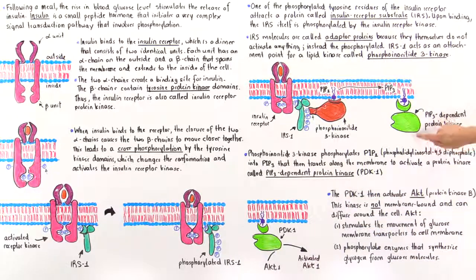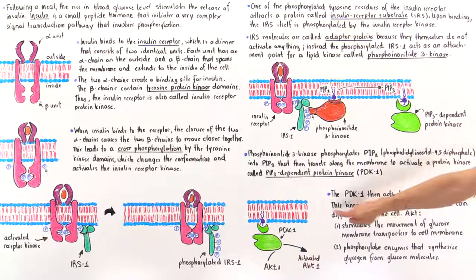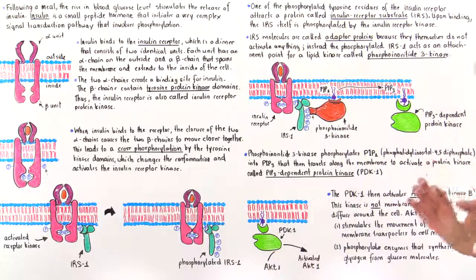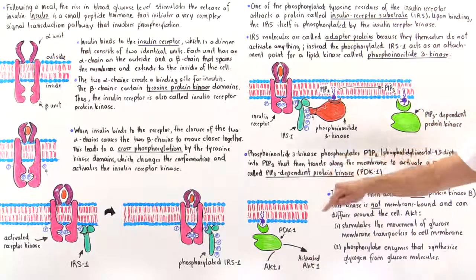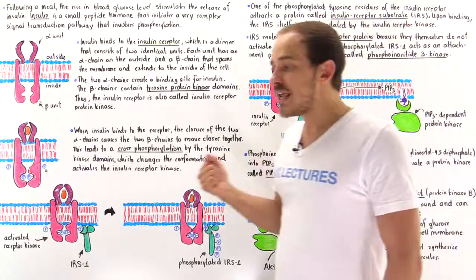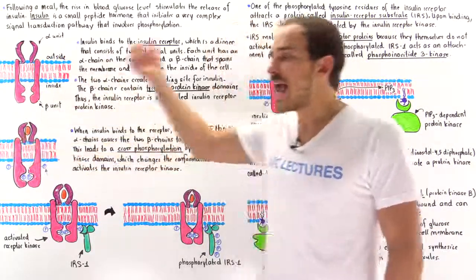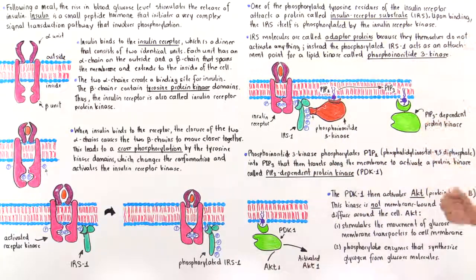So we see that PDK1 then activates the protein kinase B we also call AKT, and this kinase is not membrane bound and it can move anywhere around that cell. And it does two things. It stimulates the movement of glucose membrane transporters to that cell membrane, which increases the uptake of glucose from the blood and into the cytoplasm of that cell.